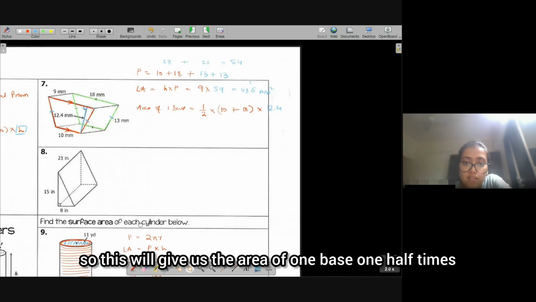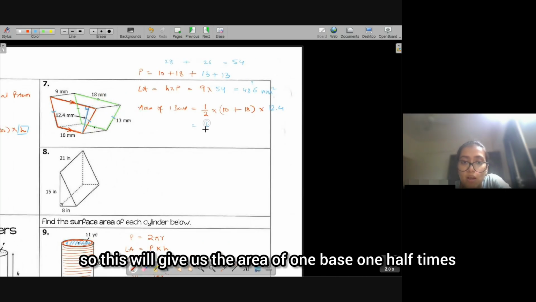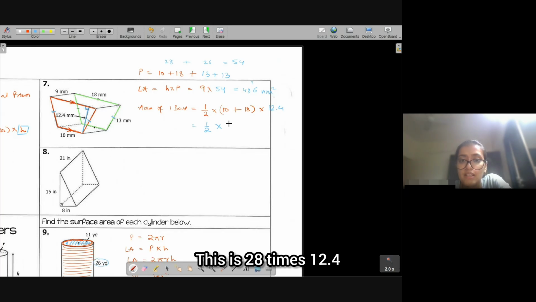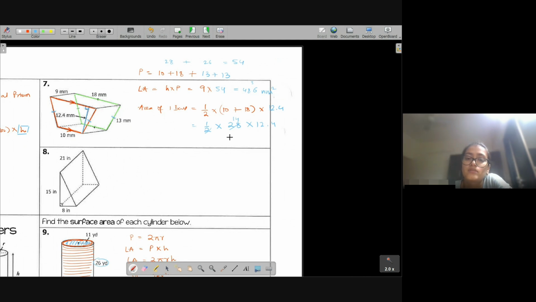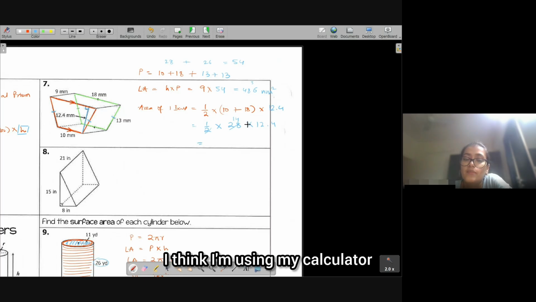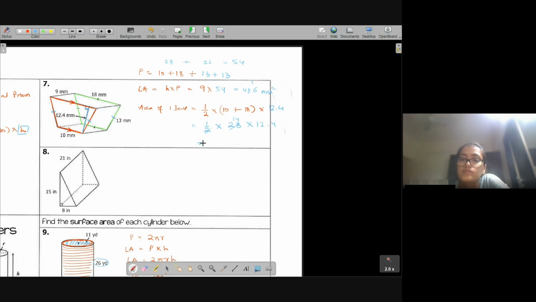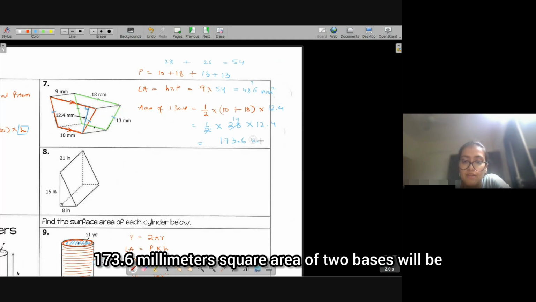Okay, so this will give us the area of one base. 1/2 times 28 times 12.4. This goes 14 times, so 14 times 12.4. We can use a calculator. 173.6 millimeters square.